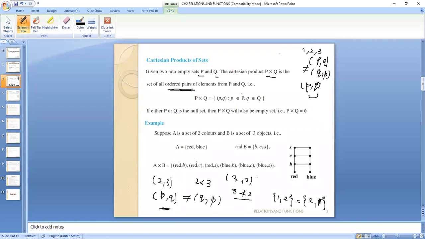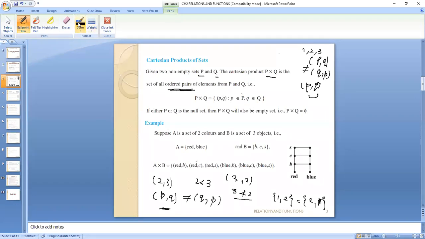Since we are representing relations using these ordered pairs, ordering matters here. That is why the Cartesian product P by Q is the set of all ordered pairs of elements from P and Q, where we write the first element of the first set P, then the element of the second set Q, such that p belongs to the first set and q belongs to the second set.